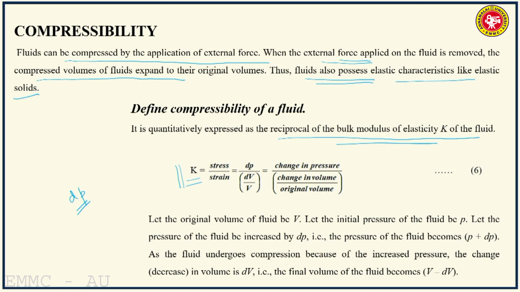So what is the change in volume due to a change in pressure, say an increase in pressure? What is the reduction in volume? And what is the original volume? So dV over V. dP is the change in pressure, or the increase in pressure. dV is the change in volume, or the decrease in volume, and capital V is the original volume.